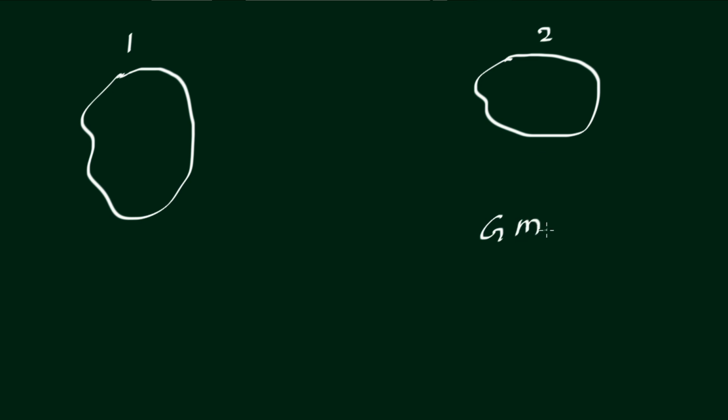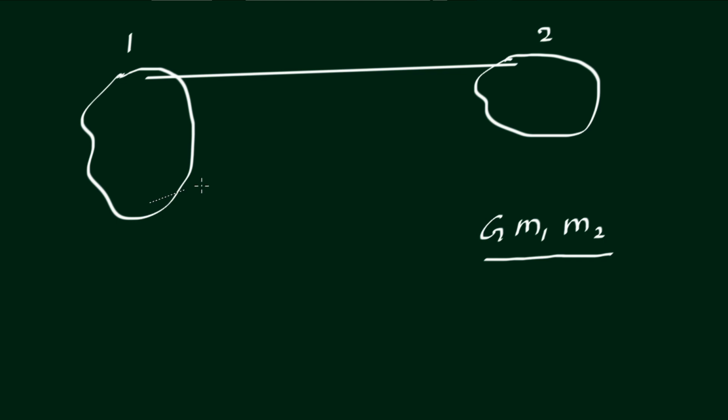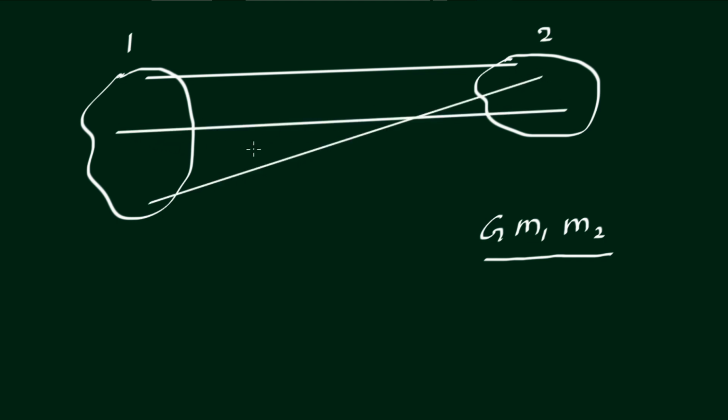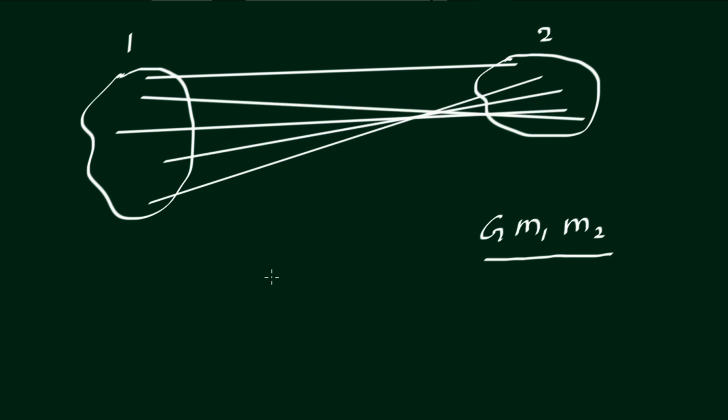It's going to be mass m1 of asteroid 1 multiplied by mass m2 of asteroid 2 divided by, and at this point you get stuck because you will now realize that there are an infinite number of pairs of points between which the distances are different and you don't know which distance to take.